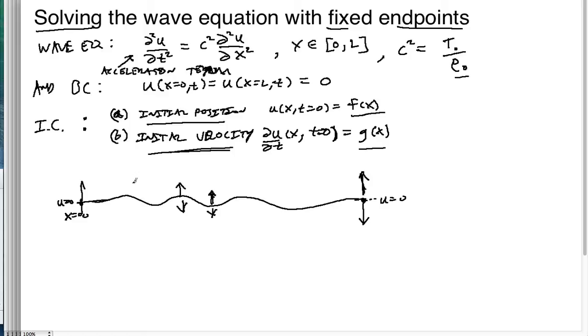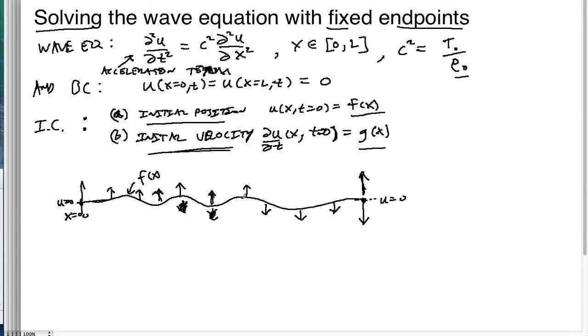You can think of it like this: if this profile here is f of x, then g of x tells you how each point of mass has a certain velocity and direction. We might indicate the velocity as an arrow that emanates off this position. So although this string is bent here, as we go to the next moment in time, everything is going to be moving up a little bit.